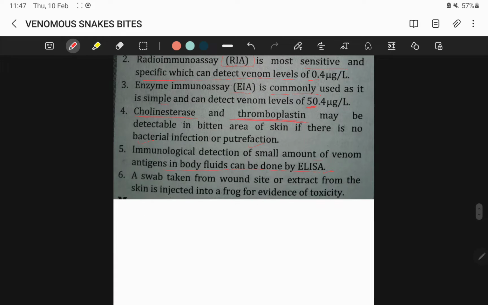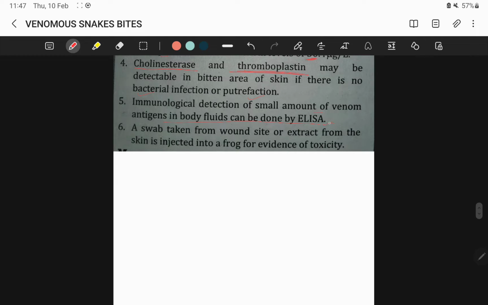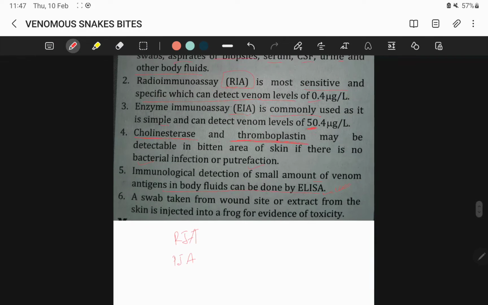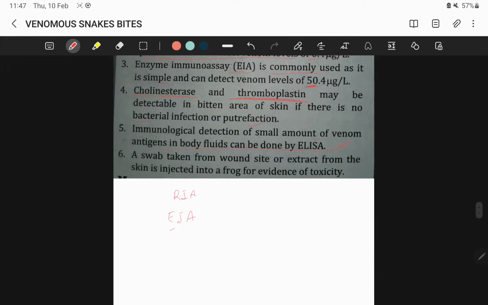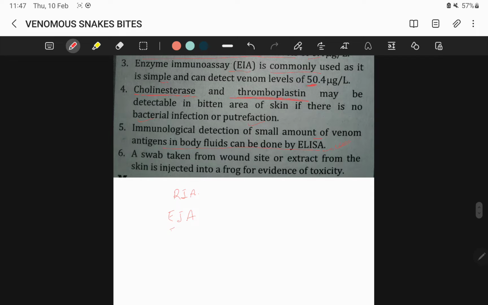And then in the body fluid, the amount of venom is measured by ELISA. So, RIA, radioimmunoassay, enzyme immunoassay, and then ELISA.